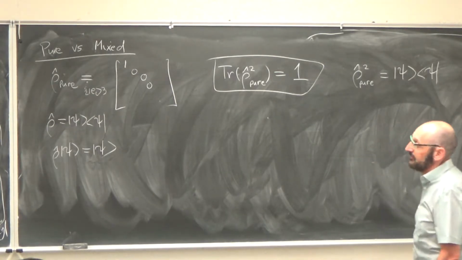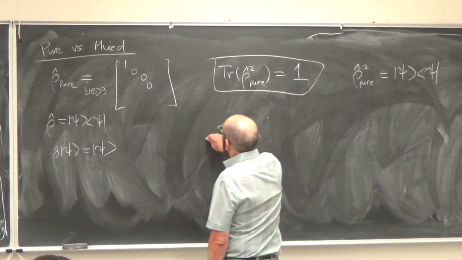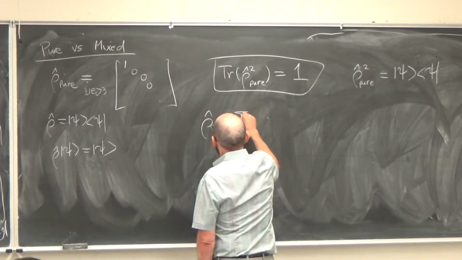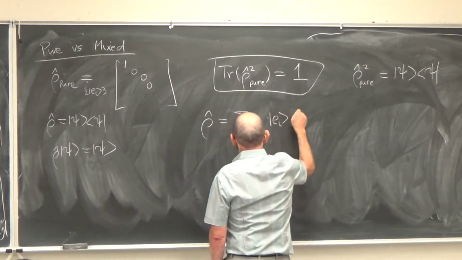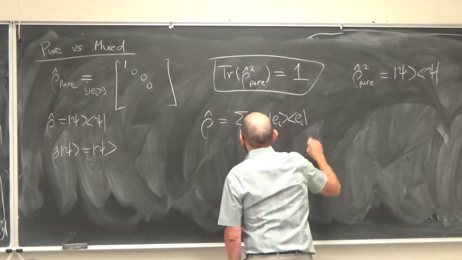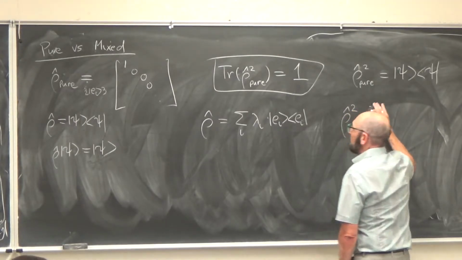What if it's a mixed state? Let's write rho in the basis of its eigenvectors. Then what is rho squared in that basis?